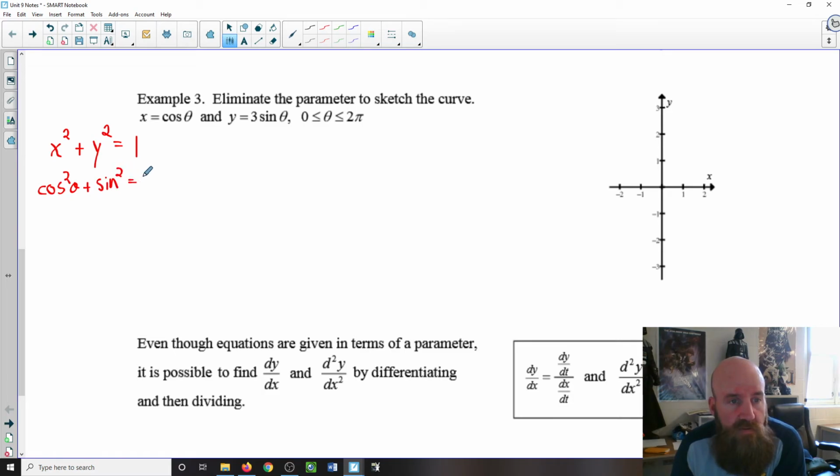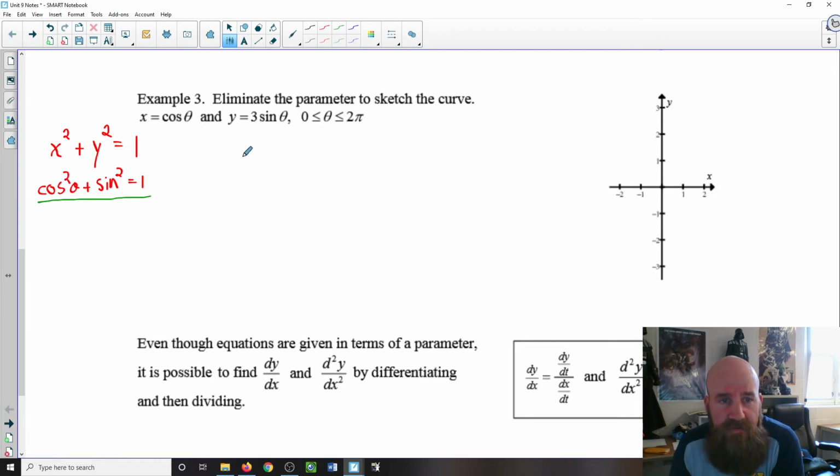These are two things that we learned back in trig, primarily this one, cosine squared plus sine squared equals 1. They're both kind of the same thing, because we've talked about in the unit circle where x is cosine and y is sine. So if we use this second one, it's going to help us out a little bit.